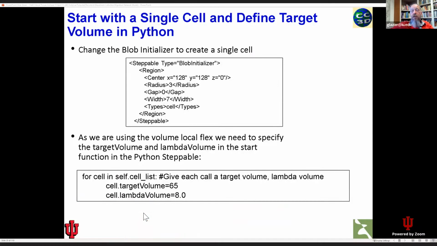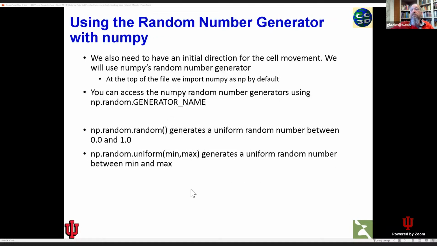Then we're going to change the blob initializer to create a single cell. And then, of course, in the Python, since we used volume local flex, we have to assign the cell a volume. Here, we'll use target volume of 65 and lambda volume of 8. And then the next thing that we're going to have to do is we're going to need some random numbers.